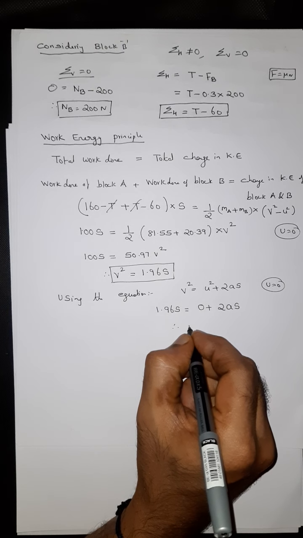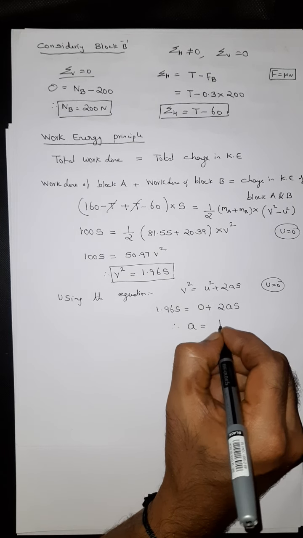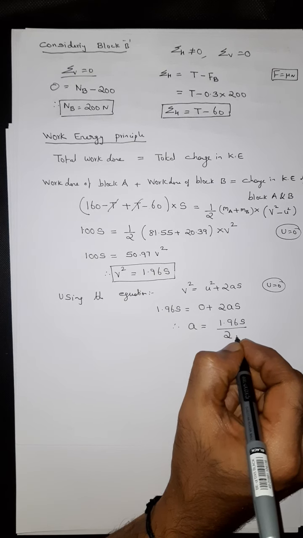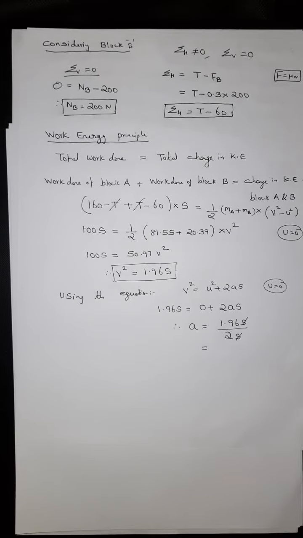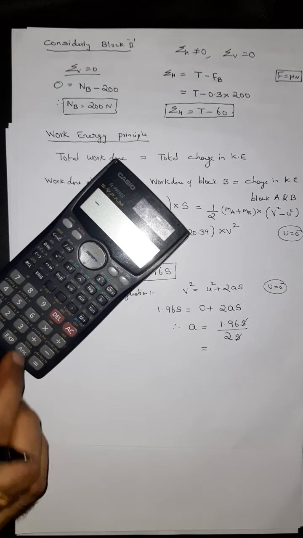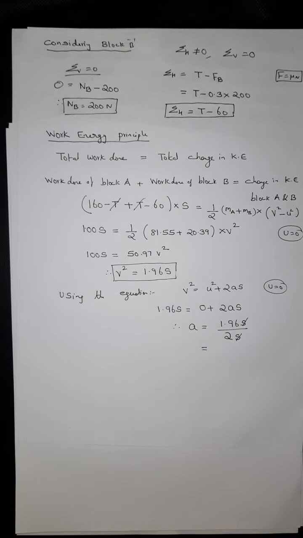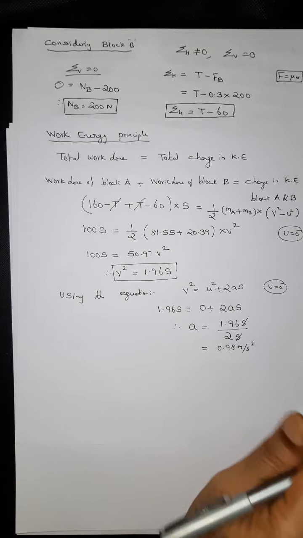Therefore, A equal to 1.96 S divided by 2 S. S gets cancelled, so A is equal to 1.96 divided by 2, 0.98, 0.98 meter per second square.